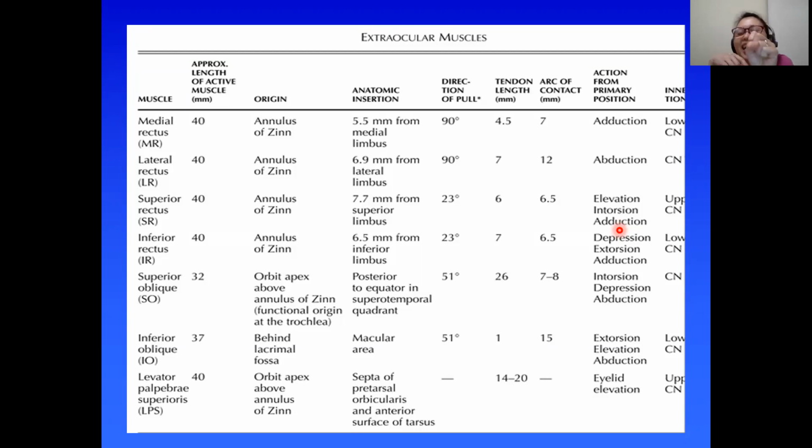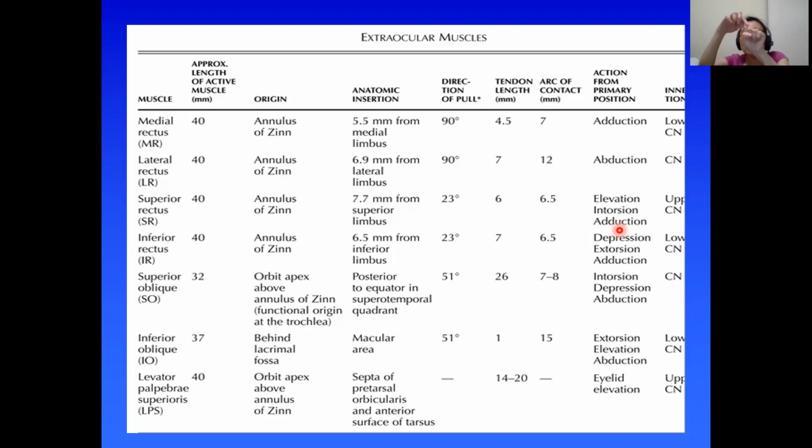Now, the torsional movement is brought about by their insertions. The functional origin of the superior oblique is at the trochlea.